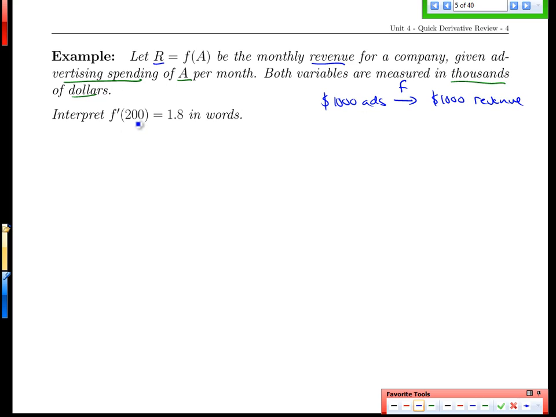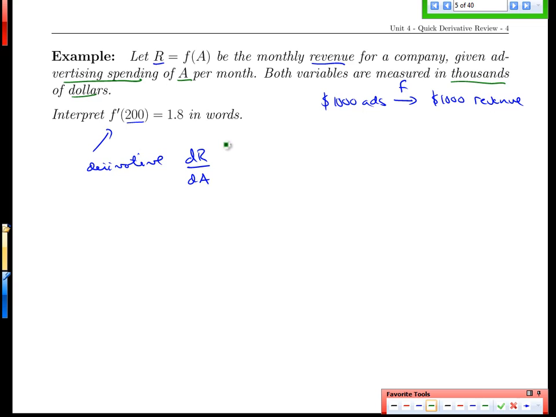Okay. What kind of interpretation can we make of statements like this then? F prime of 200 is equal to 1.8. Well, again, this is a derivative. A better way to write it here might be dR/dA.